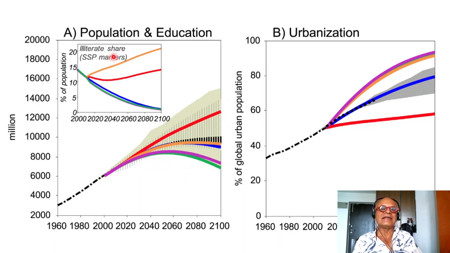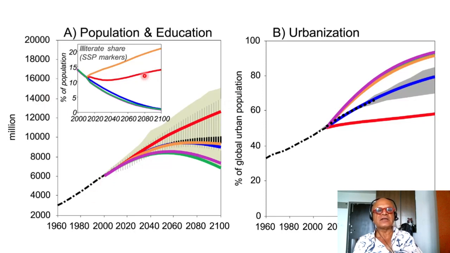So this is literate share used for SSP marker scenarios, percentage of population that is literate. Different SSP 1, 2, 3, 4, 5 have different ways in which populations are treated in the evolution through the 21st century, and there is a corresponding growth in populations in millions.